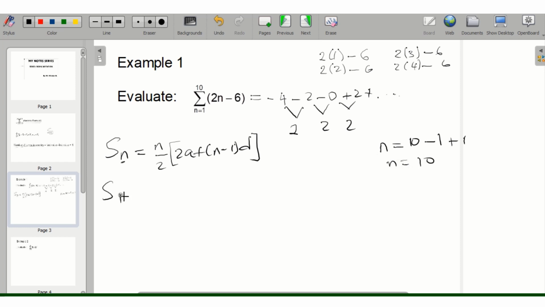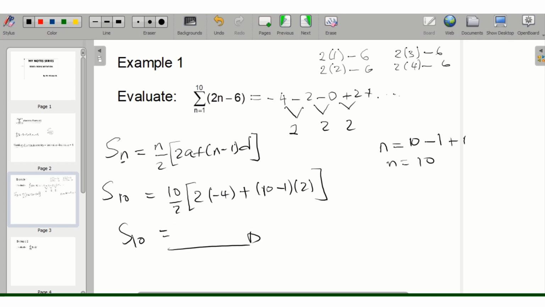So the sum of 10 is 10 over 2, 2 times a, which is minus 4, plus 10 minus 1, and our common difference is 2. The sum of 10 will then give us a value that you can determine on your own.